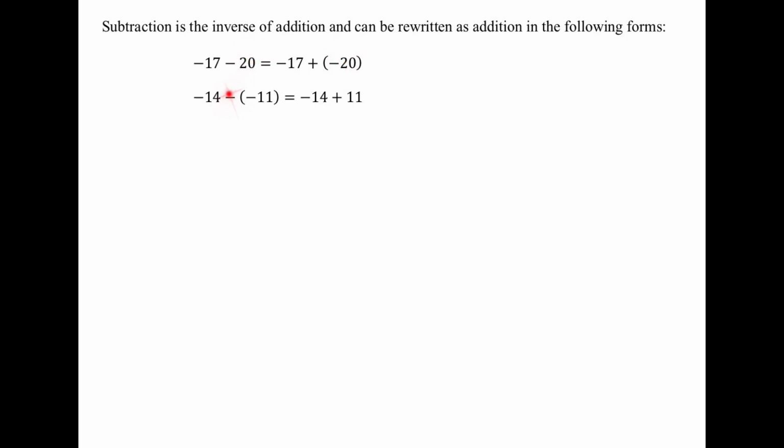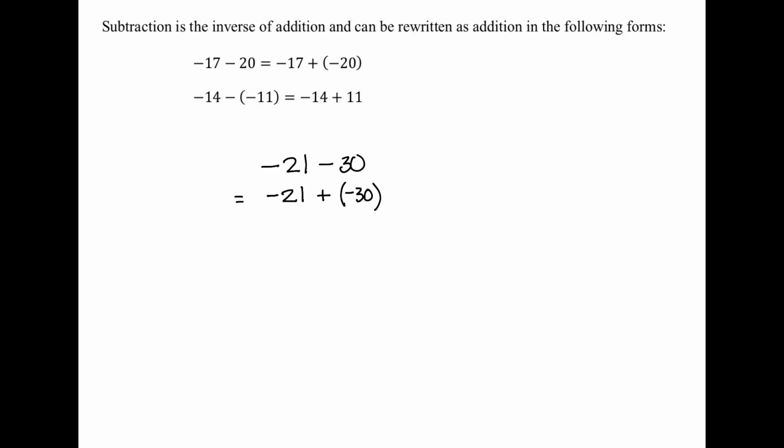We're going to change this subtract to add. Opposite of 11 is positive 11. Okay, I wish they would have done them up and down instead, so I'm going to do a couple more. So negative 21 minus 30 is, the negative 21 stays, the subtract changes to add, and now I want a negative 30.